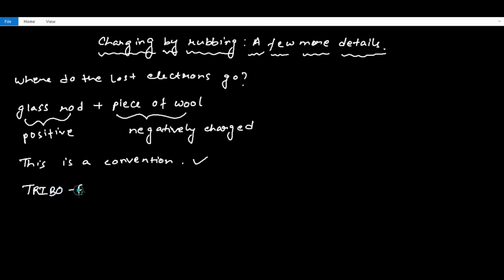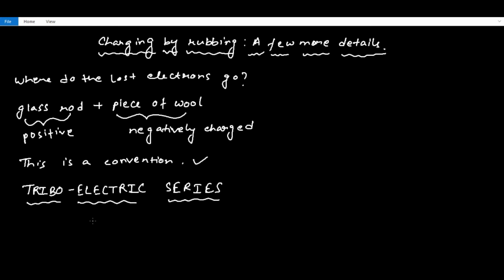The triboelectric series. Just a brief history about the triboelectric series. The triboelectric series consists of items or materials arranged sequentially on the basis of their work function. I'm going to introduce work function in a completely different topic, but for now this kind of definition will suffice.